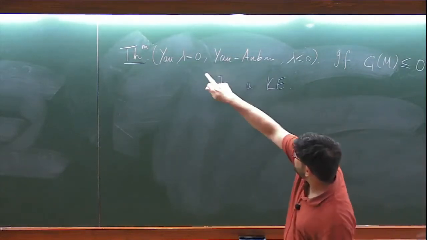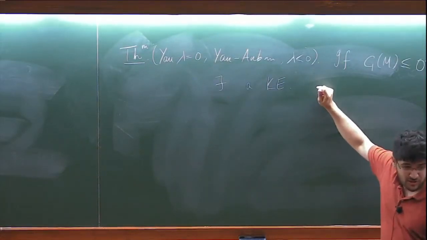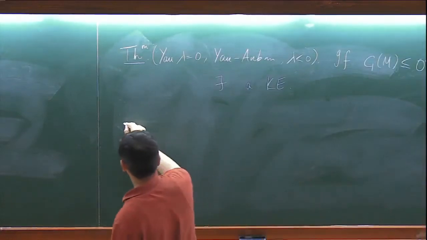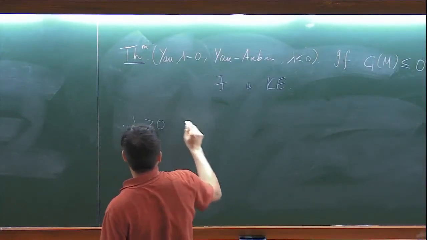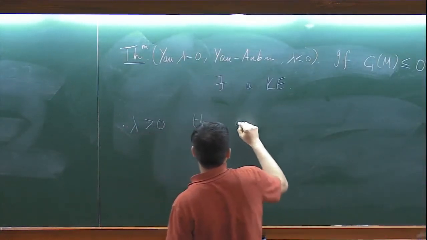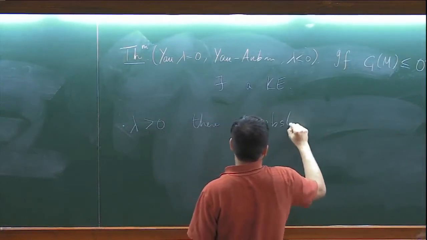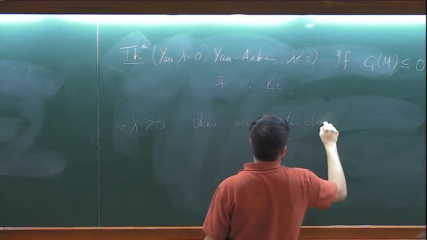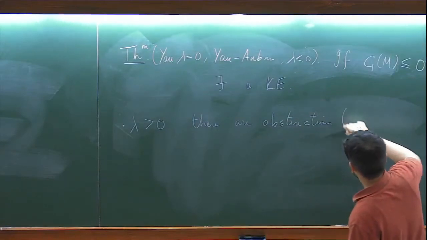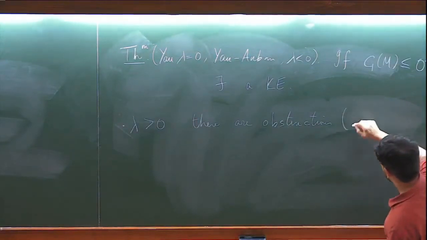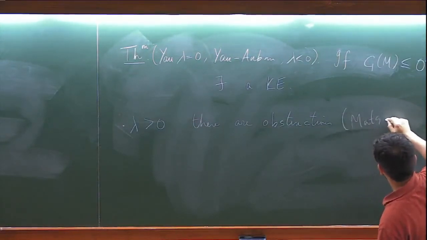Okay, but I have of course left out the case when lambda is positive. When lambda is positive, there are actually obstructions. The first obstruction I believe was found by Matsushima.